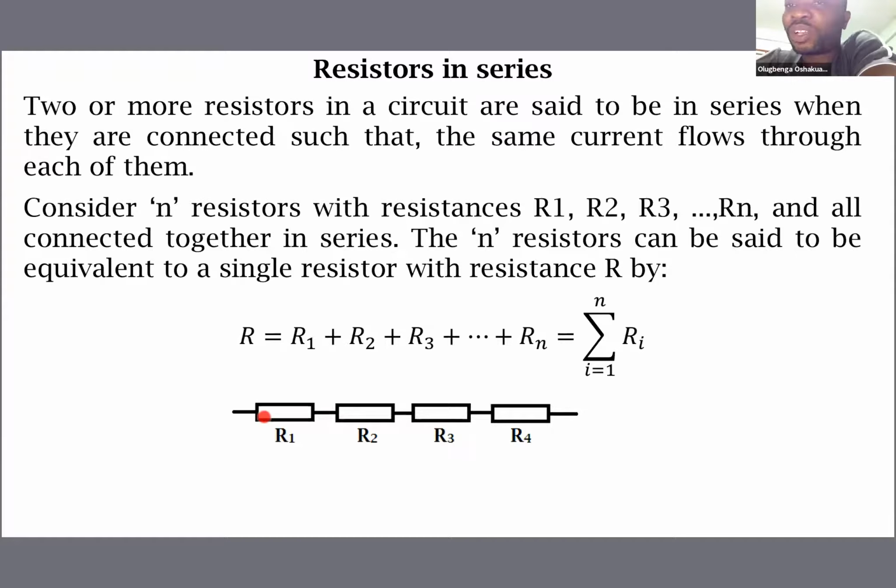That is, the right end is connected to the left end of the second, the right end is connected to the left end of the neighbor, and that's in this manner. And that means that when you connect this to any particular source, the current that flows into R1 will flow through R2, through R3, and through R4.